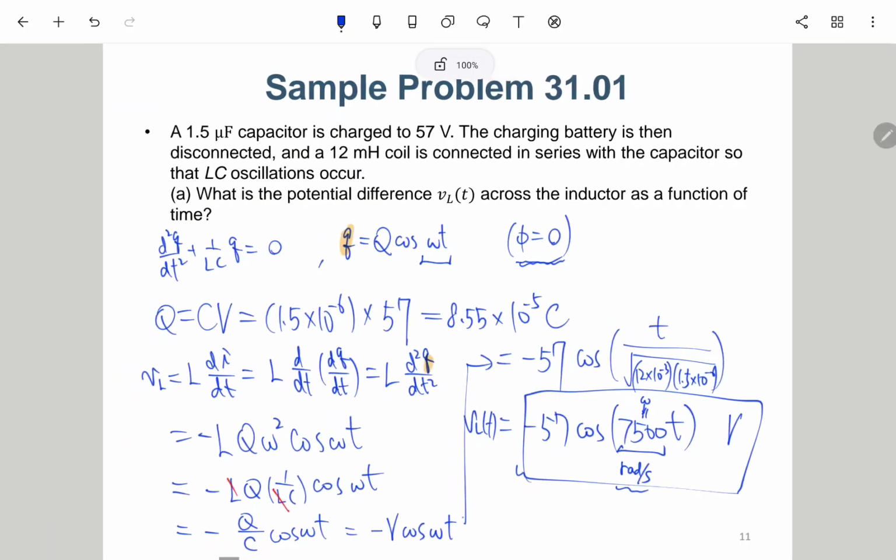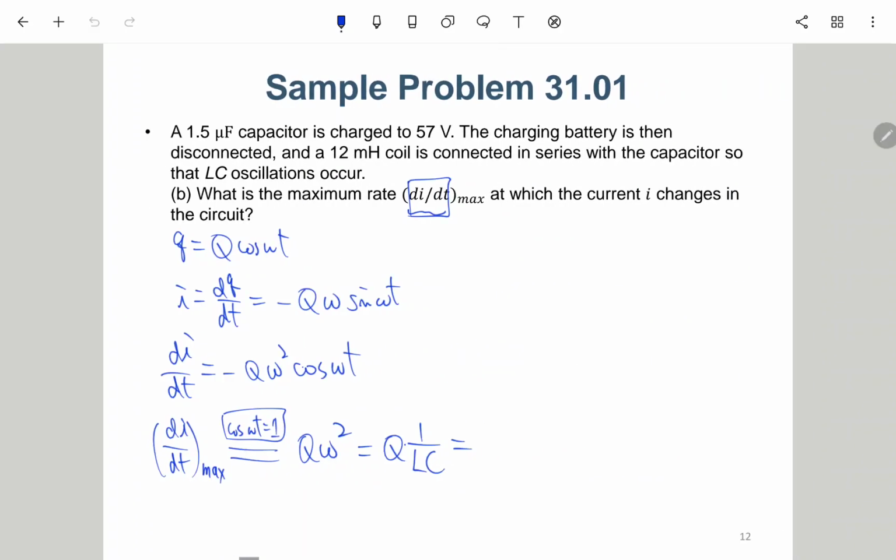So Q from here is 8.55 times 10 to the negative 5th, and then 1 over LC.